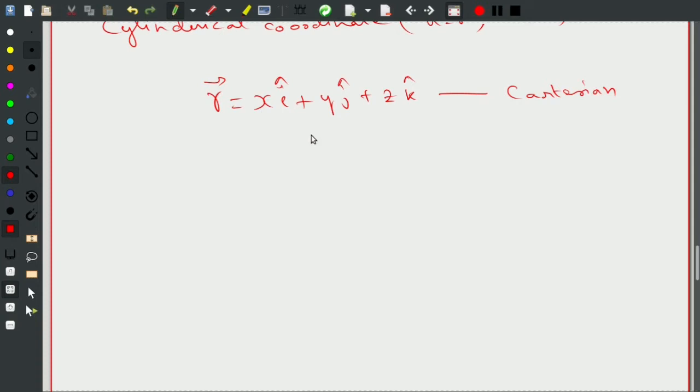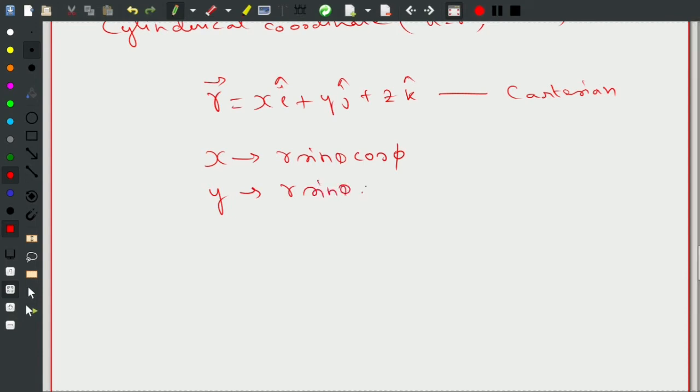To convert Cartesian to spherical coordinates, we transform x as r sin theta cos phi, y as r sin theta sin phi, and z as r cos theta, right?